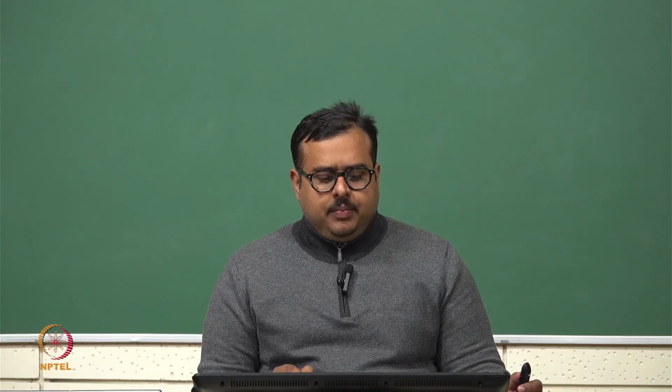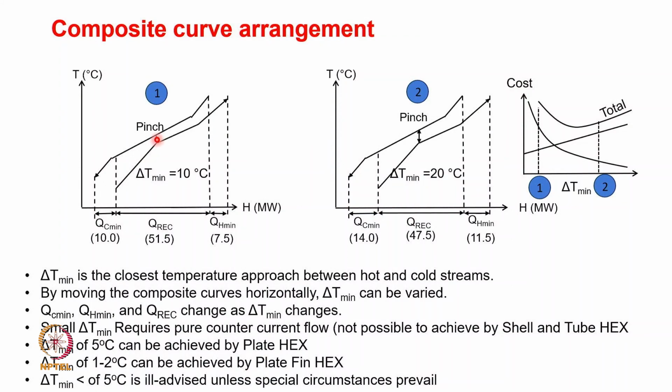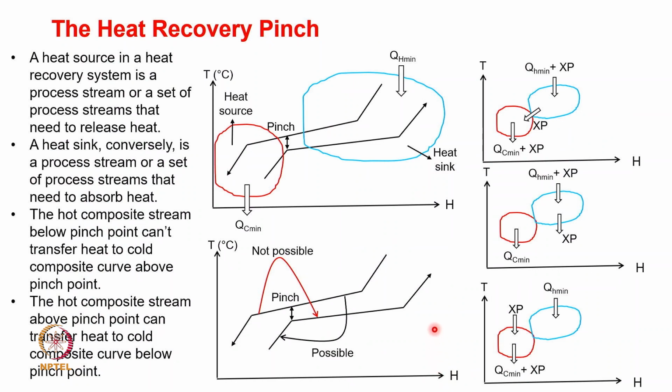Only under special circumstances would we go for such a delta T min, which essentially means that the curves are pretty much close to each other at the pinch point. When you have the delta T minimum less than 5, it is typically not recommended considering the operational difficulties and the cost involved. So, let us go one step forward and speak a little bit more about the pinch.